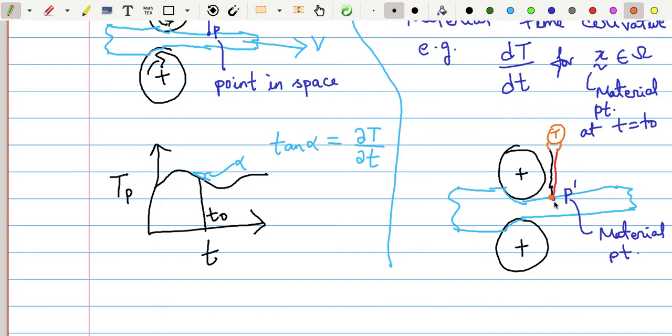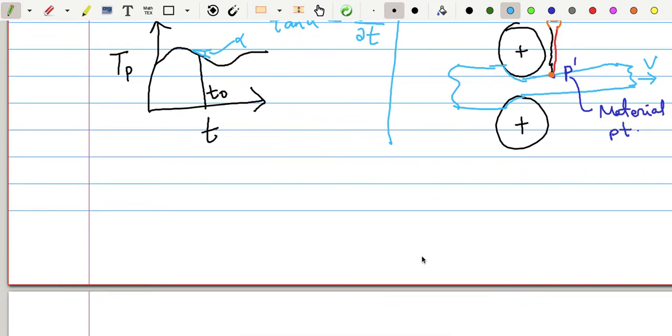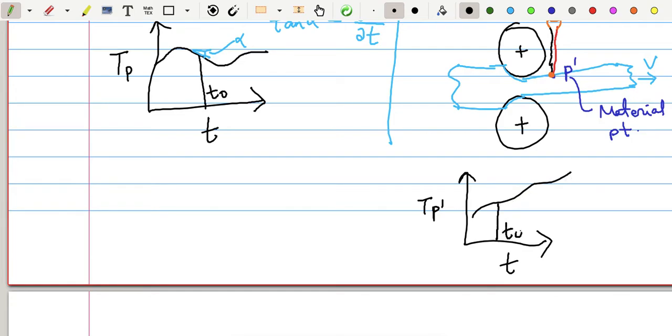Now what will happen if I insert a thermocouple here? As the sheet moves, what will happen to the thermocouple? It will deform. The thermocouple will also move along with the sheet, and you will be monitoring the temperature of this point T dash. So what does material time derivative mean now? If I look at T of P dash as a function of time, and for whatever reason it is varying like this, then if this is time t naught, what is my derivative?